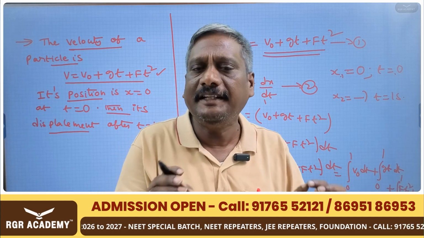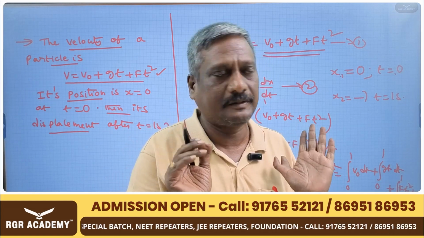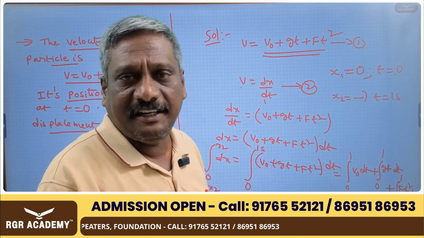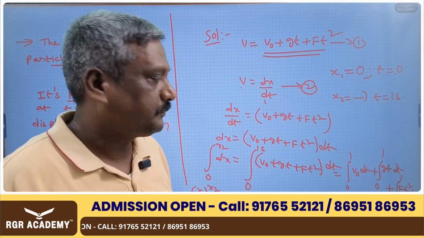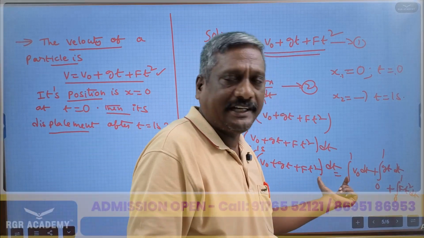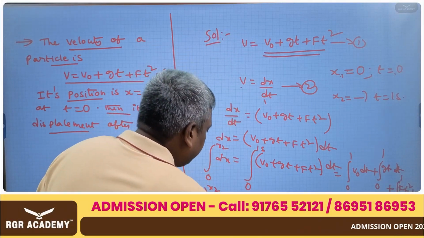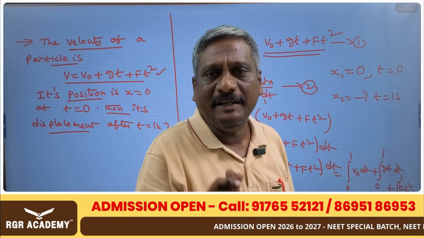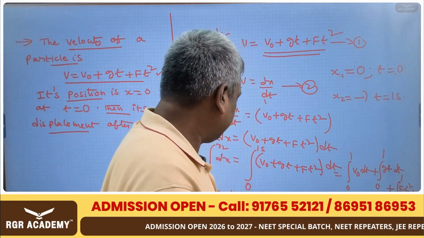Now you can apply the integral formula at this stage. Integral dx is x. What are the limits given? 0 to x2. Observe the right side. What is the first integral? V naught is taken outside. Integral dt means what? T. Integral dt is t.